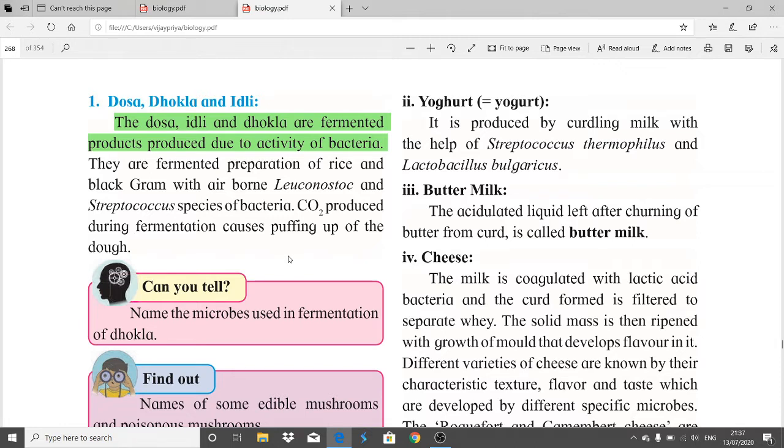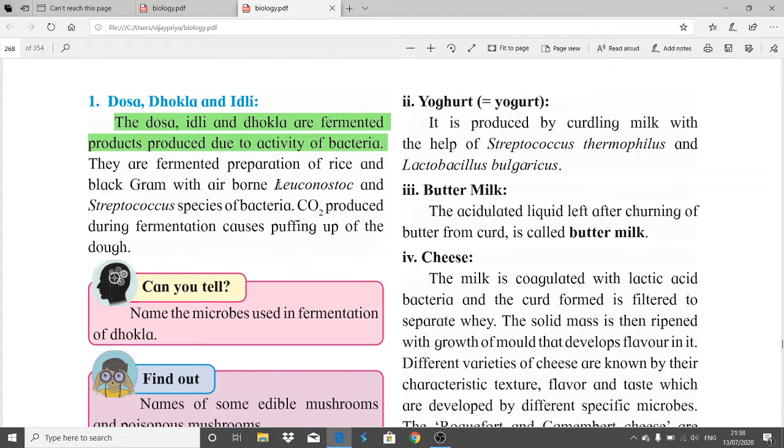She just takes a particular amount of rice, a particular amount of black gram, and soaks the ingredients in water. And what happens, the airborne Leuconostoc and Streptococcus get mixed in.